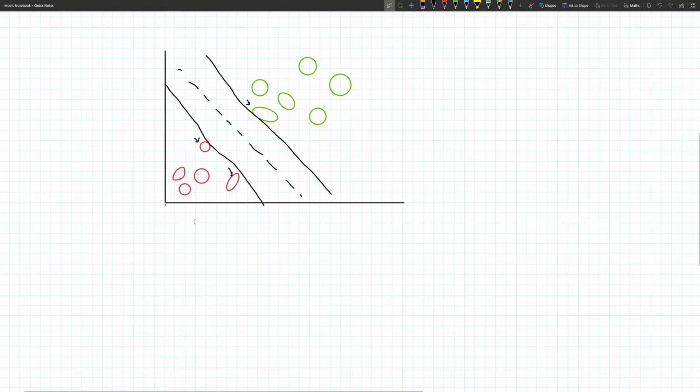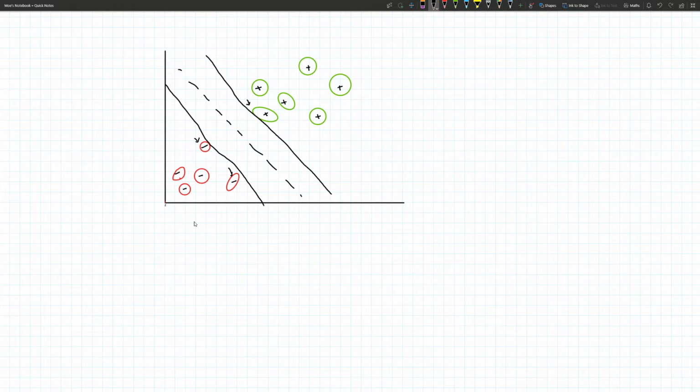So let's say that instead of tall and weight, we have these values that are negative and these values that are positive, just for explanation.